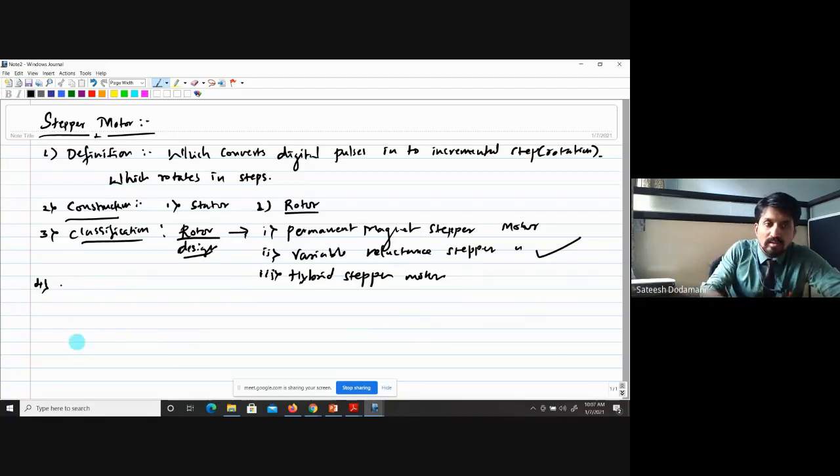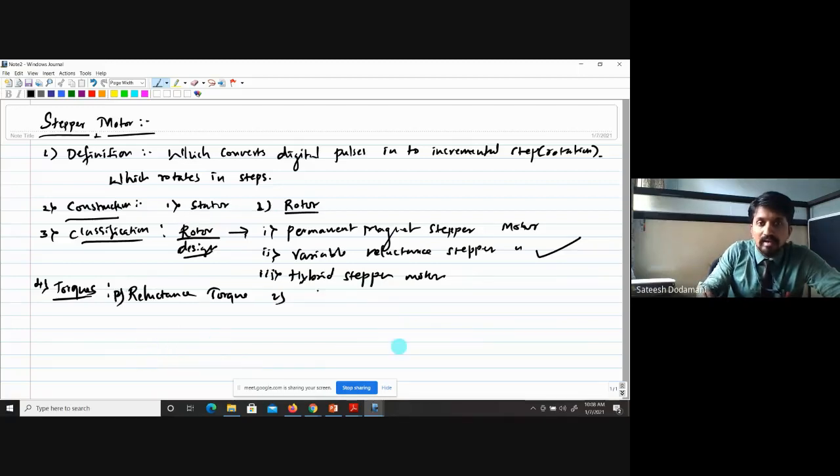For that, what I explained is that usually two types of torques are available. One is reluctance torque and another one is electromagnetic torque. So two types of torque are always available.